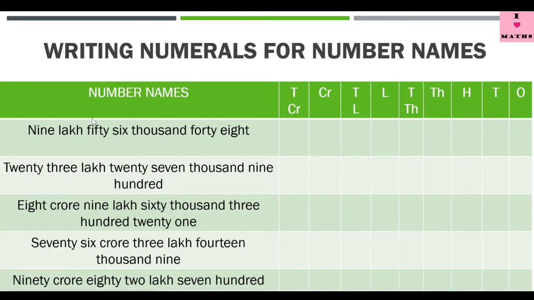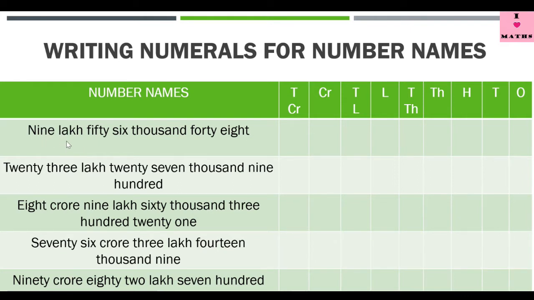Writing numerals for number names. In this slide, you'll see that the number names are given to you and you have to write the numerals in the place value chart. Again, we are going to start with a number name which you have done in class 4. 9,56,048.